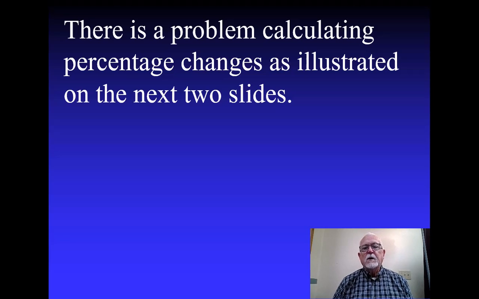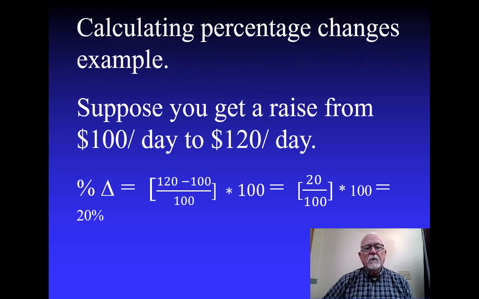Let me explain. Suppose that you get a raise, and that raise goes from $100 a day to $120 a day. Well, obviously, doing the percent change calculation, that's a 20% increase.